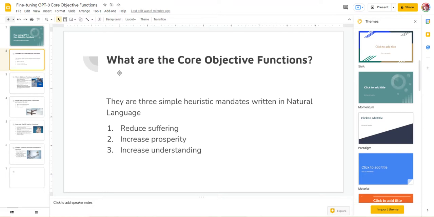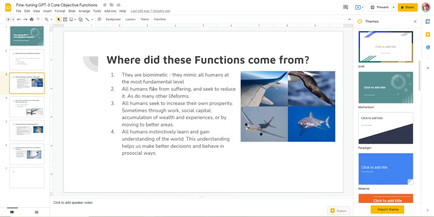I mean, learning from experience is a required component of AGI. So everything that an AGI does should be heuristic, but these core objective functions lie at the very center of how the AGI thinks. So before we go too much deeper, where did these functions come from?